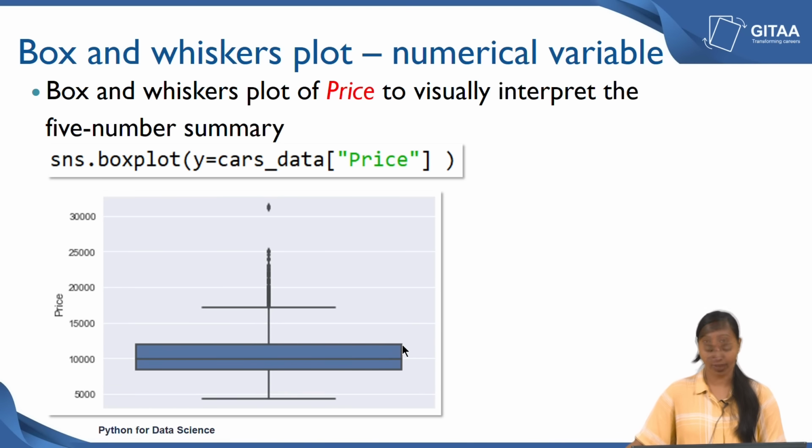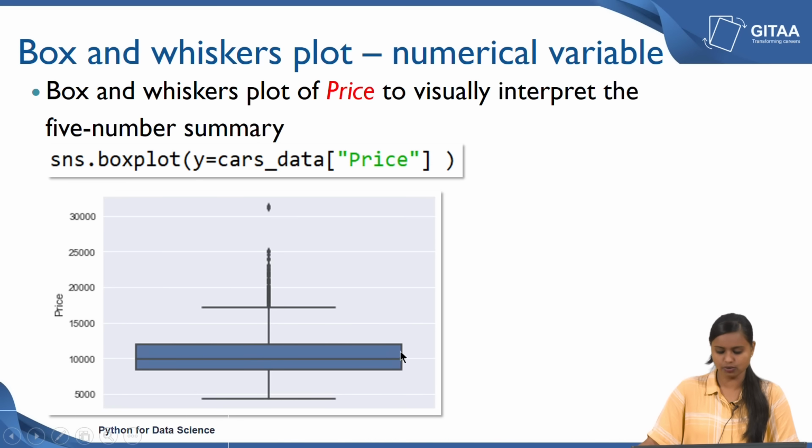The upper horizontal line is the third quartile, Q3, which represents that 75% of the car prices are less than around 12,000 euros. These are called Q1, Q2 and Q3, and the points lying above the whiskers are called outliers, and you can also have values below the whiskers as well.